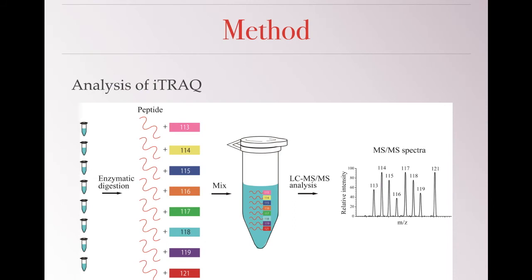For the analysis of iTRAQ, the reagent consists of reporter regions of different molecular weights. Each tag generates a unique reporter ion in the MS-MS spectra, and the relative abundance of their peptides can be compared by calculating their ratio.